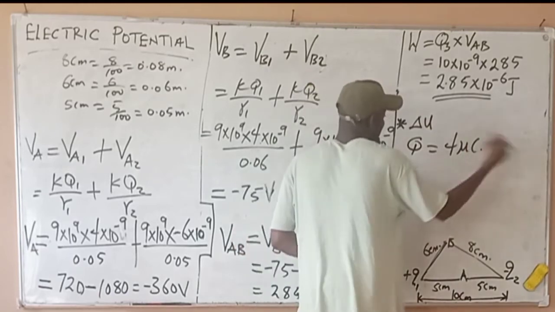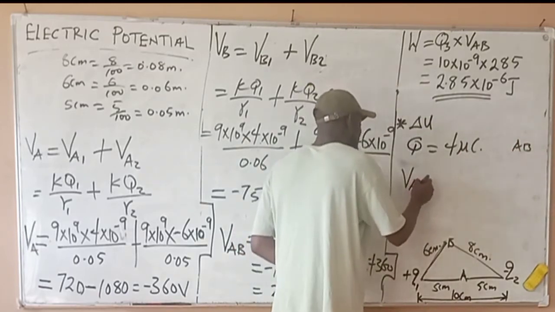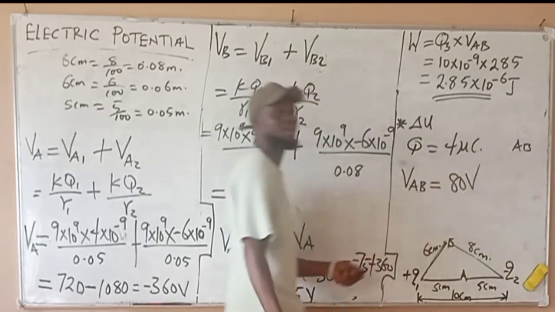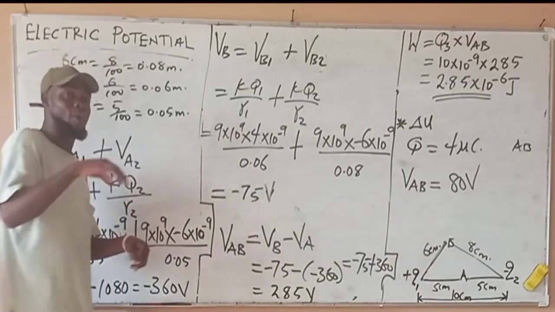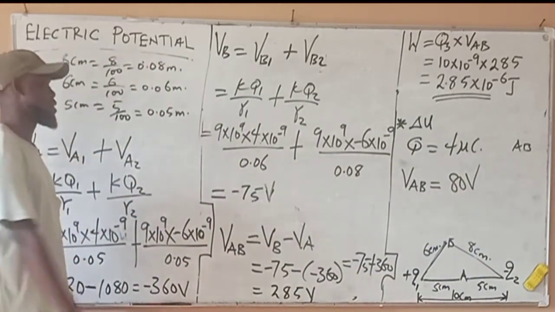If I call those 2 points A and B, the potential difference between those 2 points, A and B, will be 80 volts.